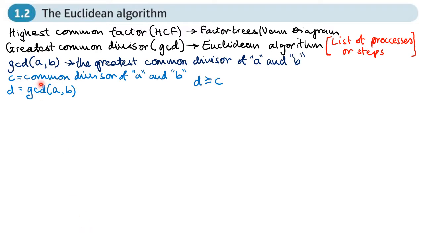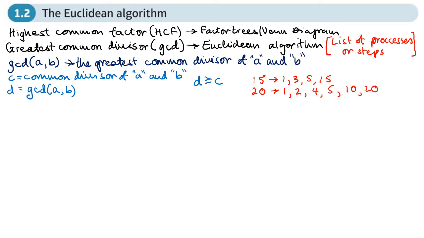So in other words, the greatest common divisor, or you can think of it like the highest common factor, will be greater than all the other divisors, all the other factors. So for example, let's list all the factors of 15 and 20. Well, they do have common divisors. For 15: 1, 3, 5, 15, and for 20: 1, 2, 4, 5, 10, 20.